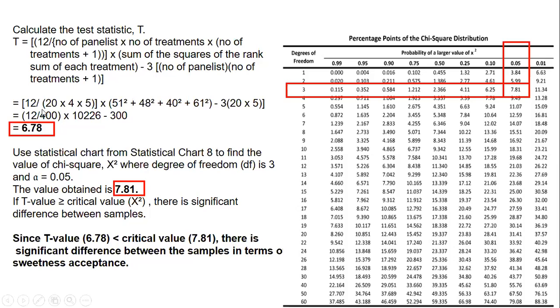So 12 must be divided by number of panelists times number of treatments plus 1. We have 20 judges or panelists, times the number of treatments, which is 4 plus 1, 5. Then the sum of squares of the rank sum of each treatment.